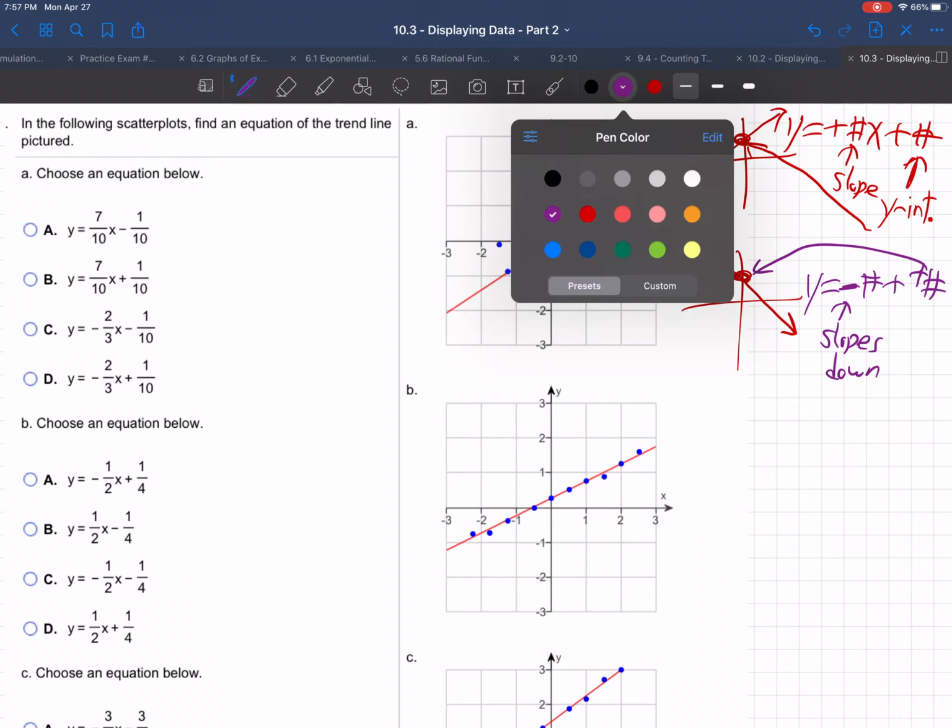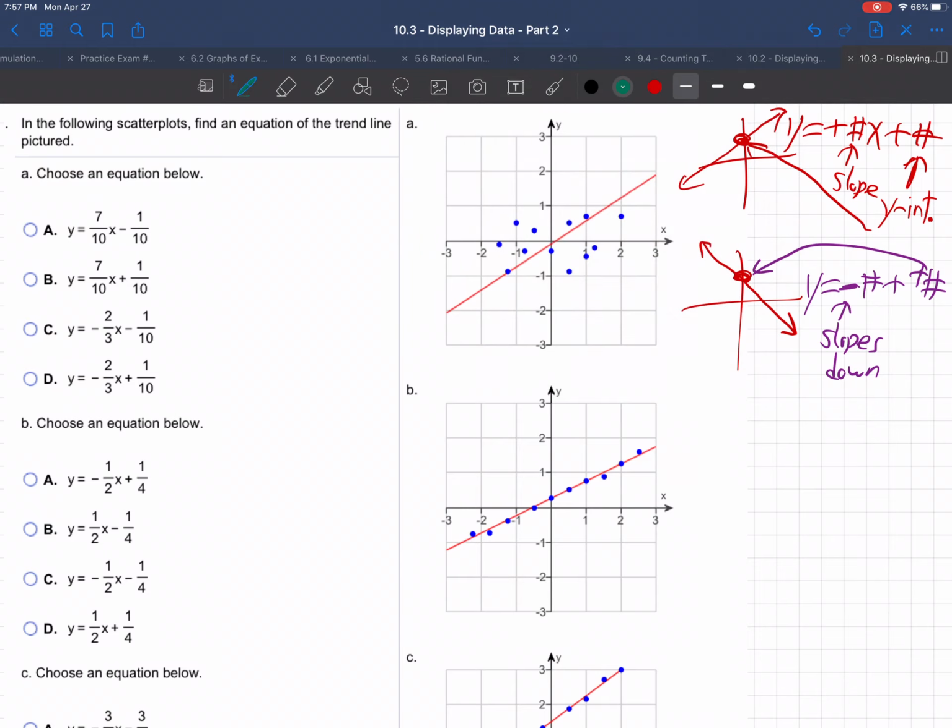Now there's some other cases. So you could have a line that starts below 0 but goes up to the right.